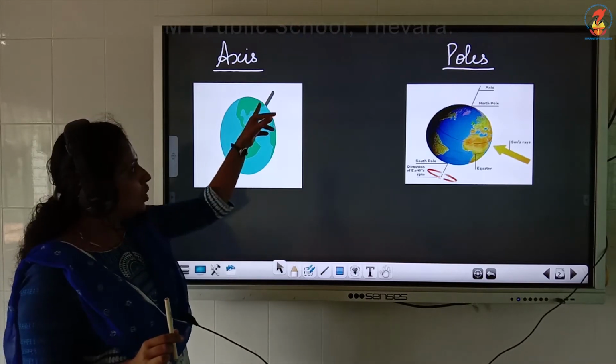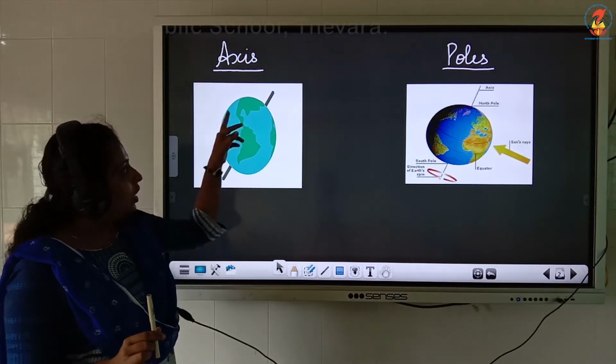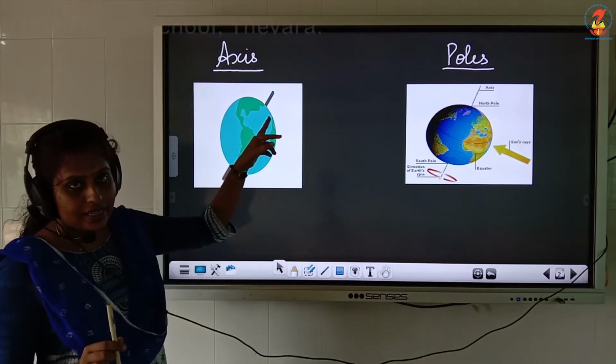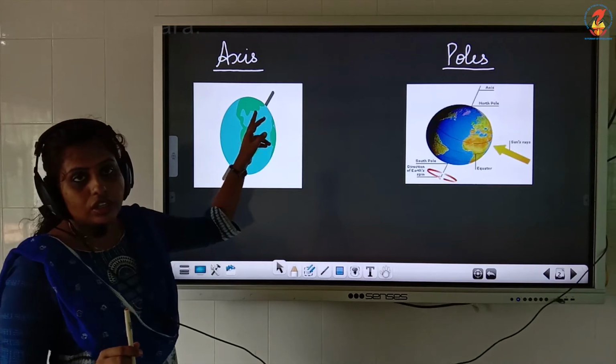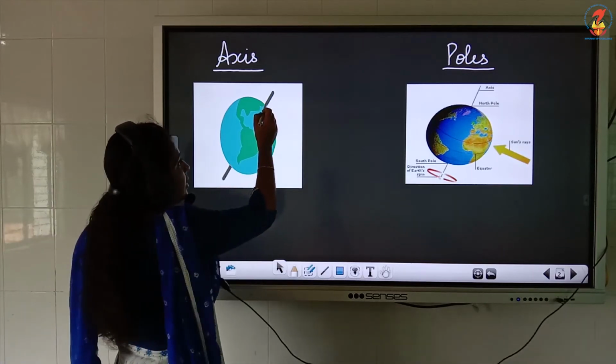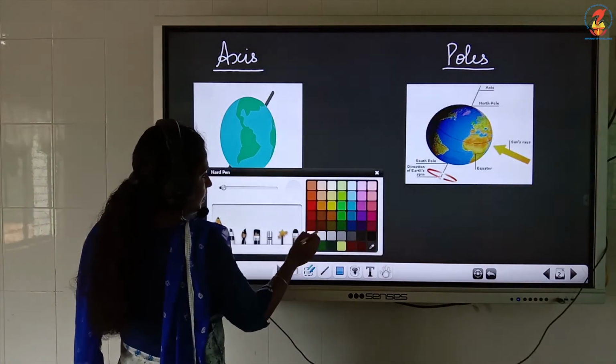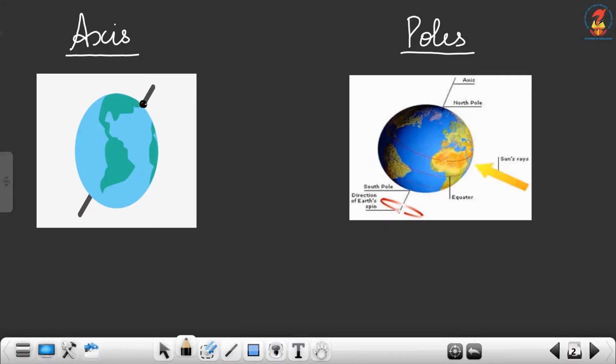The axis has two ends. The end point on the top is called the North Pole, and the end point at the bottom is called the South Pole.